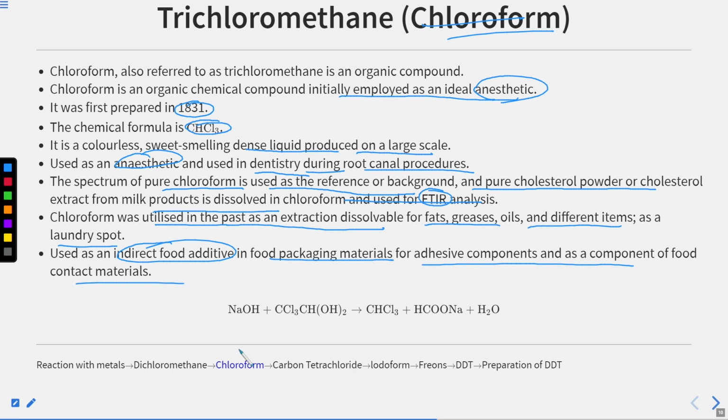So here is the preparation method: NaOH, CCl3CH(OH)2, and it gives CHCl3. Okay, this is clear. Now we get HCOONa and H2O. This is the equation that is used for the preparation of trichloromethane.